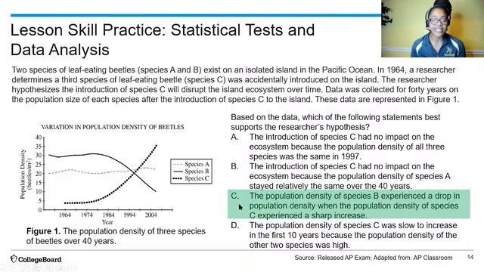Letter C should have been the one we selected: species B experienced a drop in their population density when the density of species C began to increase. We would support that statement based on what has been provided. We're looking for the statement that supports the researchers' hypothesis that species C will disrupt the island ecosystem, and we see that this occurred between 1994 and 2004.